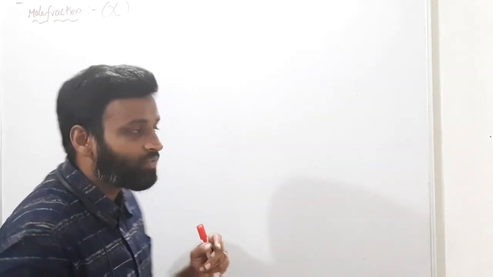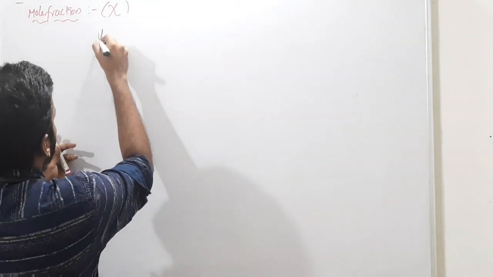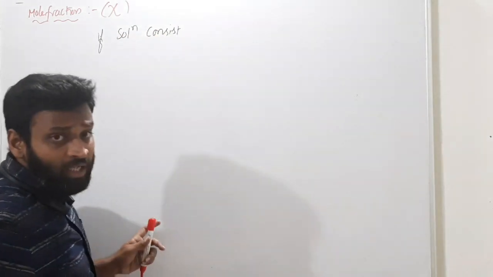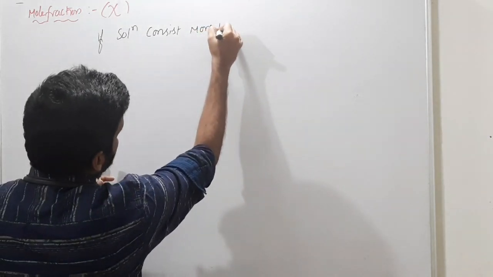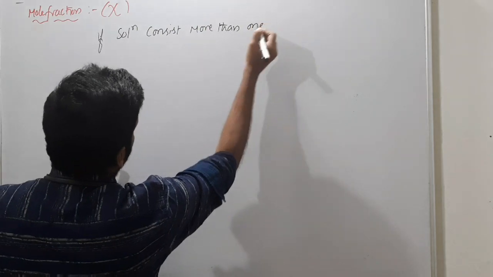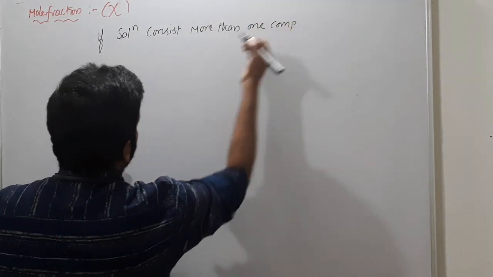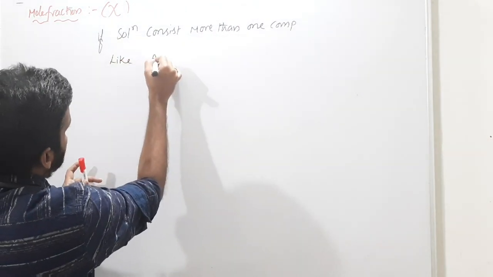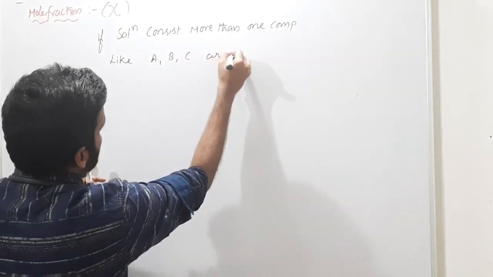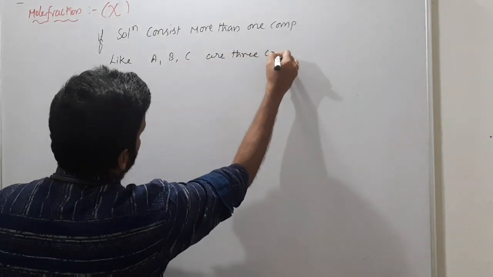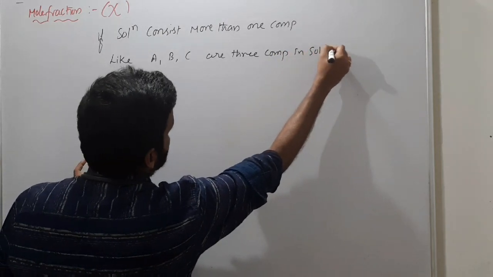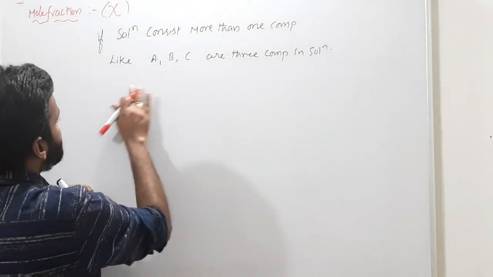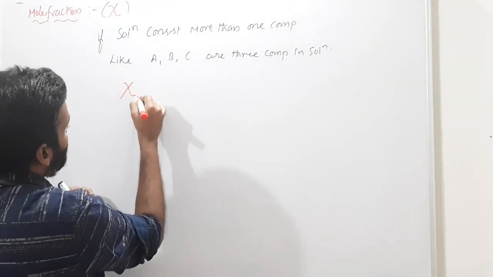So in general, if a solution consists of more than one component, suppose A, B, C are three components in the solution. In solution, how many components are there? Three components. Then what is the mole fraction of A?